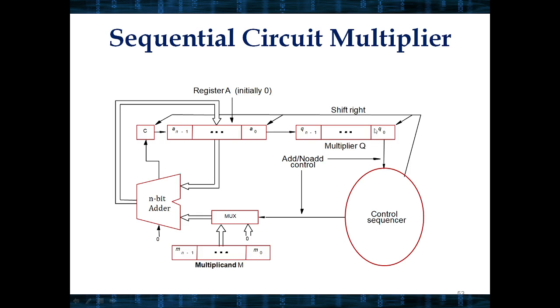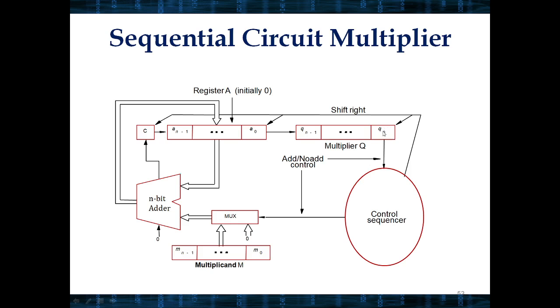So if Q0 is 1, then it will perform the addition operation, the addition of the multiplicand and whatever value is in register A, and the result is again stored in register A. This is how the sequential circuit multiplier works. It has a control sequencer to check whether the multiplier bit value is 0 or not.